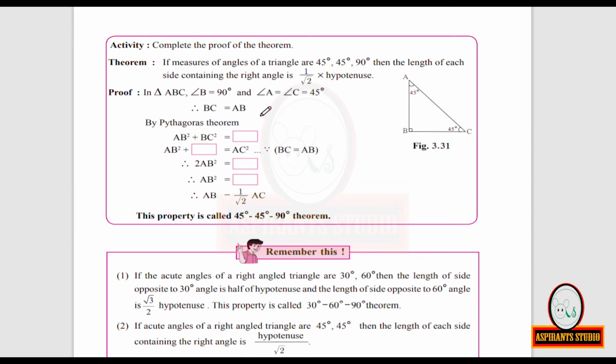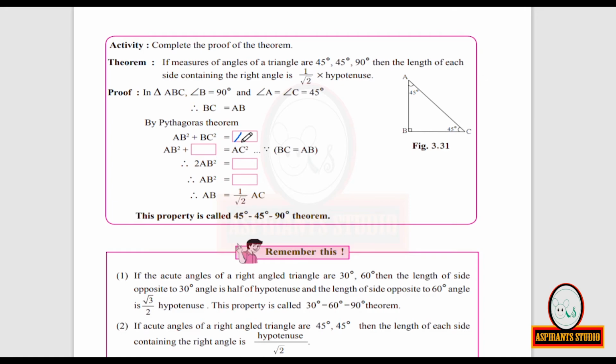So we have one side square plus other side square is equal to hypotenuse square by Pythagoras theorem. So AB square plus BC square is equal to AC square. AC is the hypotenuse.